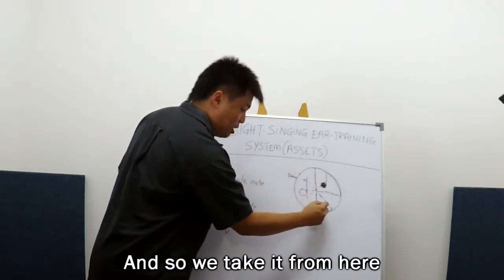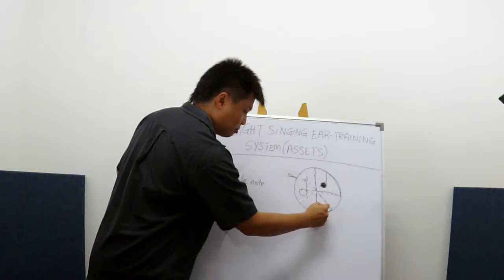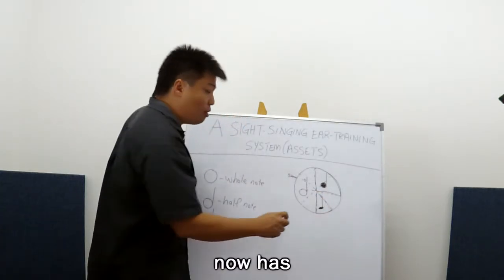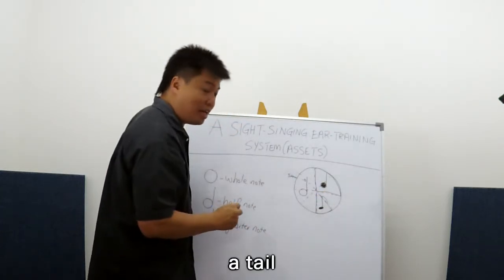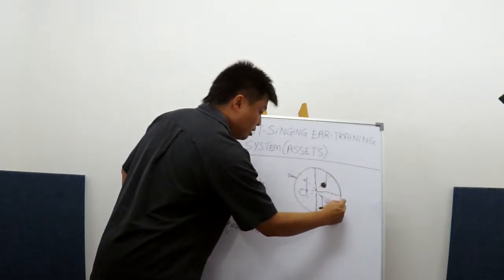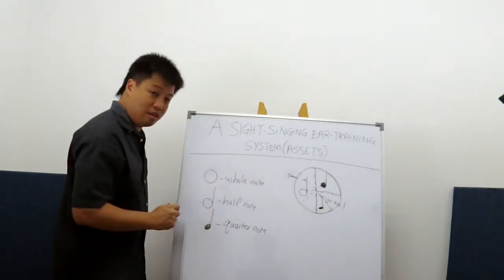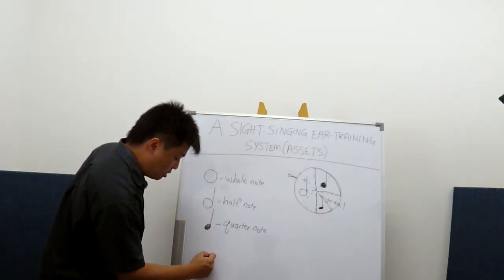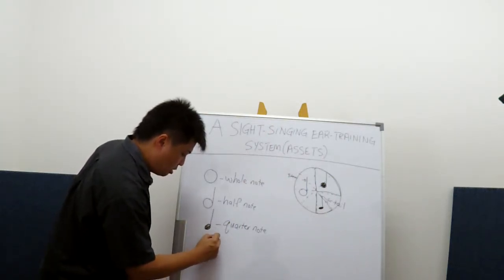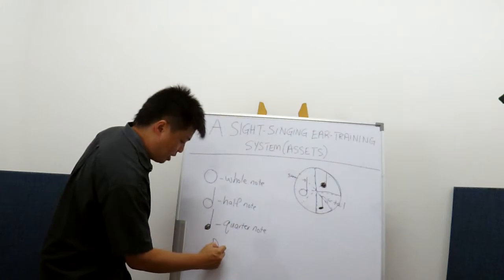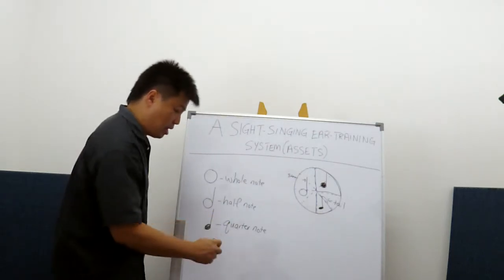And so we take it from here. This quarter note now has a tail shooting out, which looks like this. And this will be called an 1/8 note.